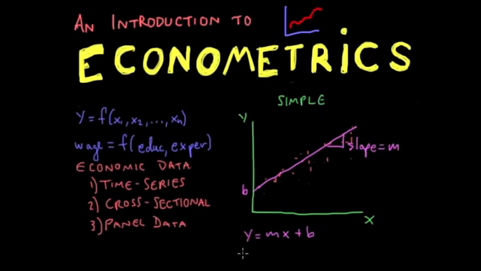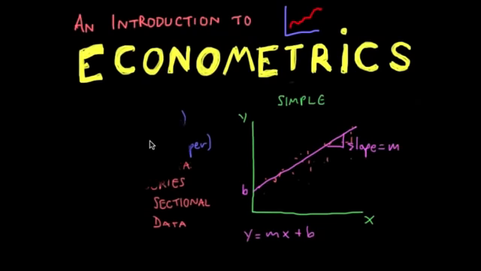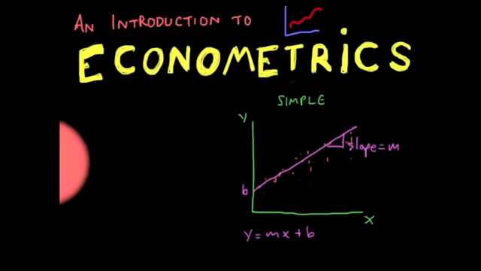The only difference is that with a regression, we have one extra variable enter the function, and that variable is the error term. And so our function will generally look something like this.